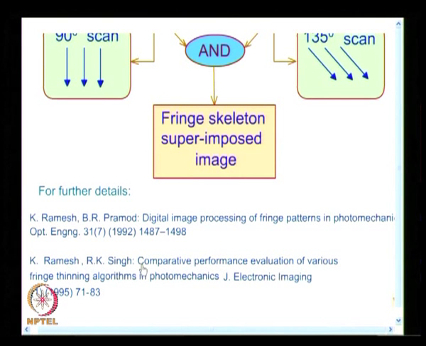The second paper, on comparative performance evaluation of various fringe thinning algorithms in photomechanics, really brings out the advantage of the global fringe thinning algorithm in comparison to other fringe thinning algorithms, both binary based and intensity based algorithms, which are essentially mask based. So, it is a step forward in the direction of finding out the fringe skeleton comfortably as far as photoelastic images are concerned.